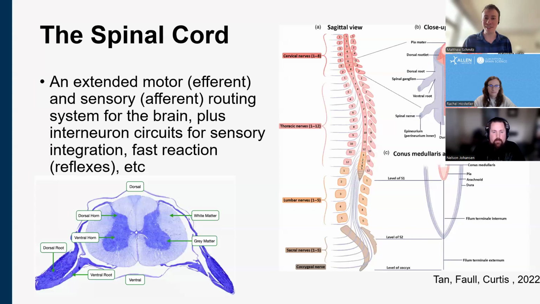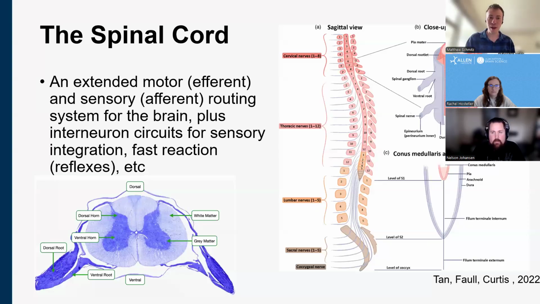Interestingly, these segments don't actually line up with your vertebrae, which is kind of fun. So they send these long nerves that end up lining up, even though the cord kind of floats freely in the middle of your vertebral column.